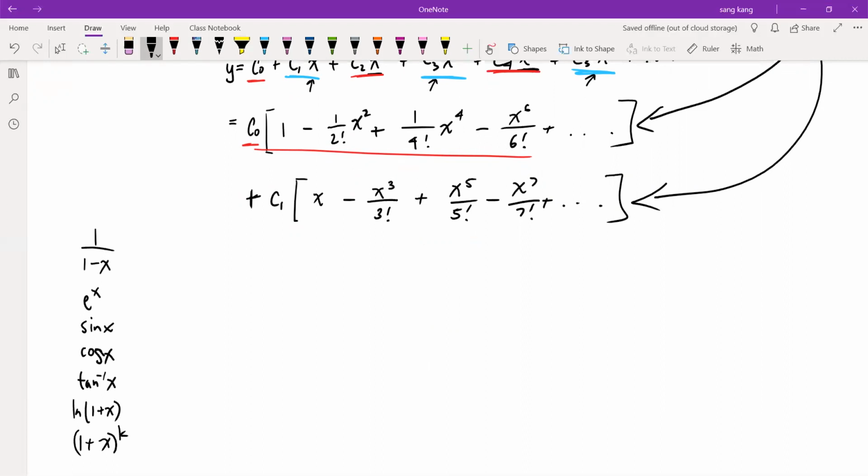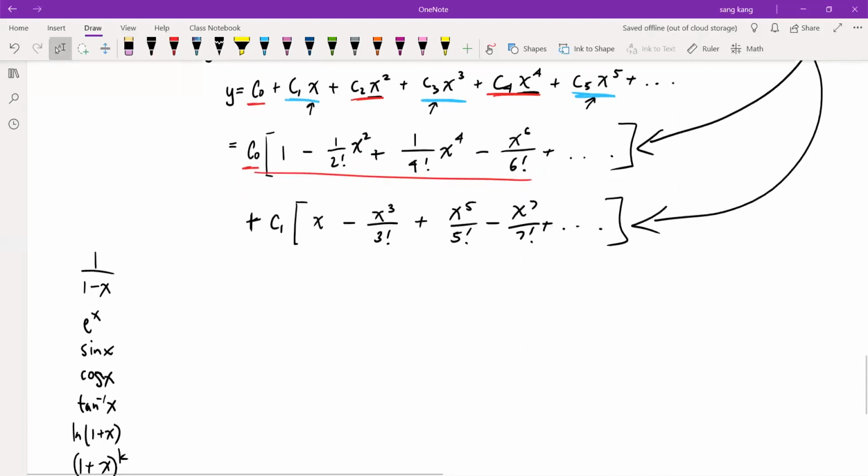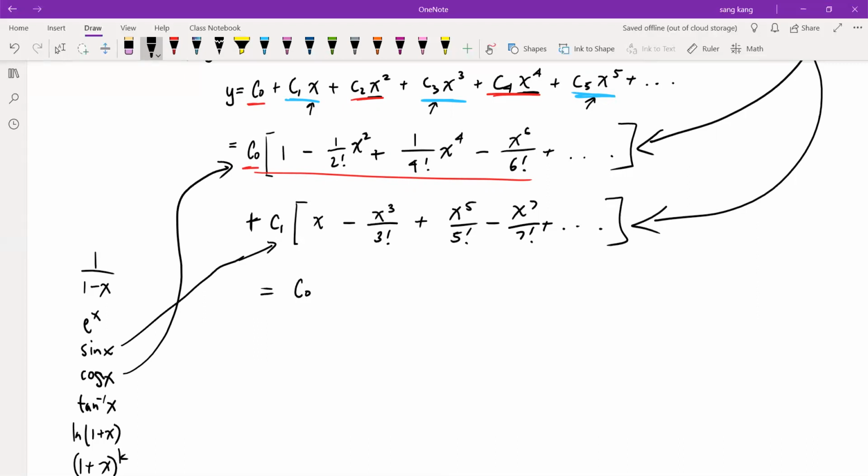So if you look at this table, you'll see that sine x actually resembles this here. This is sine x. And cosine x resembles this here, what's in the bracket, rather. So this can be equated to C0 cosine x plus C1 sine of x, as defined by the Maclaurin series table.